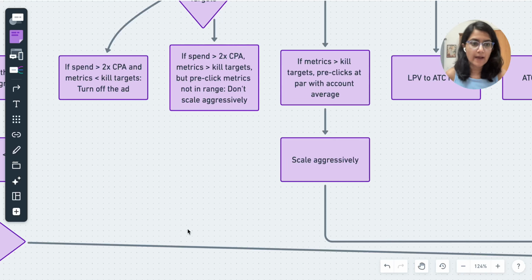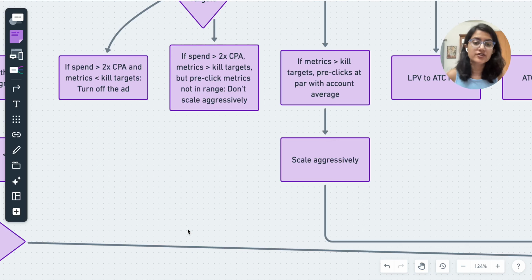But if a particular ad has not spent at least 2x of your CPA, then I'll not look into it directly. What I'll do is check the pre-click metrics. Are the CPCs and CTRs completely out of range? Like if my CPC is 3 rupees and that particular ad has a CPC of 10 rupees, then I know that this ad has something wrong. If I scale it, then the CPCs of the ad account are going to increase a lot.